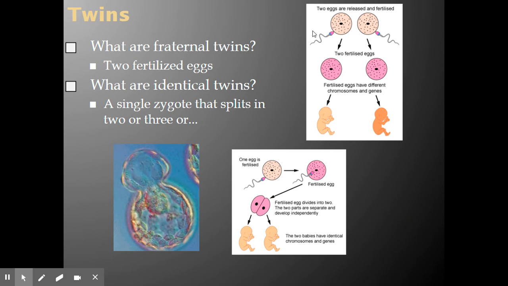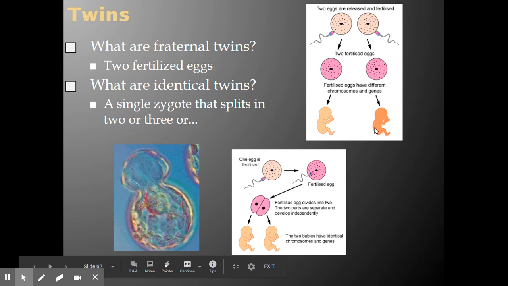Okay, so in other words, this is fraternal twins where we have two eggs being fertilized separately, and then we have identical twins, which is down here, where one egg is fertilized, but that fertilized egg divides into two parts, and then they develop independently from each other.